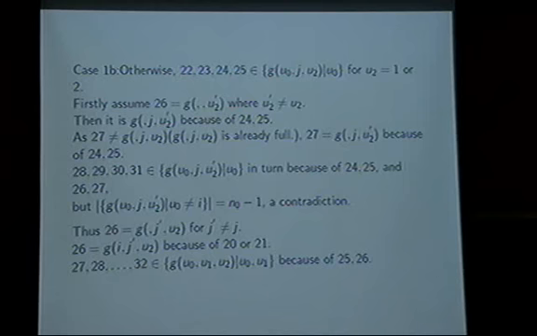So that means 22 to 25 all stay in one line, in this layer or in this layer. So let's assume that 22 to 25 stay here. And then you consider 26.